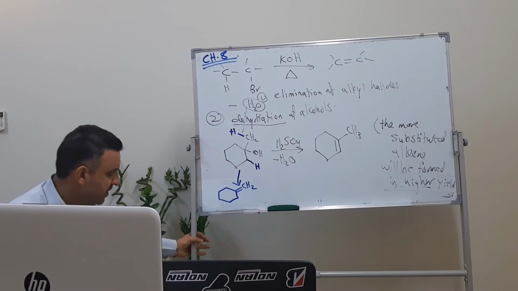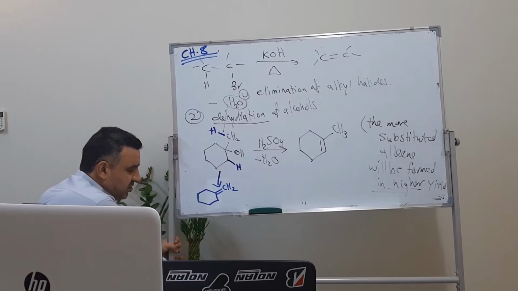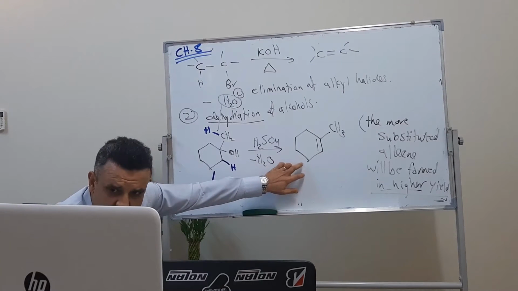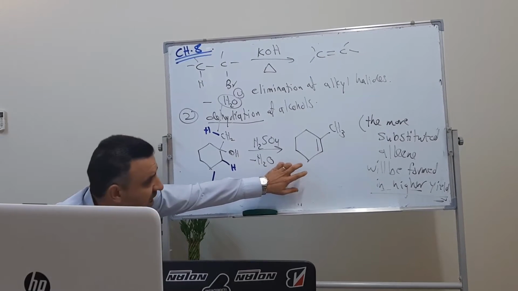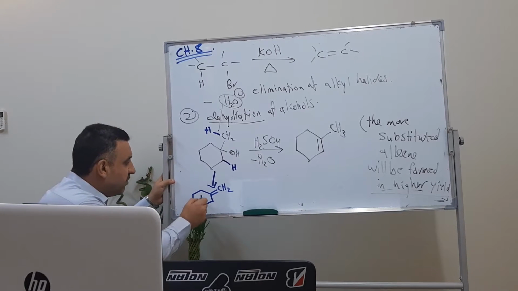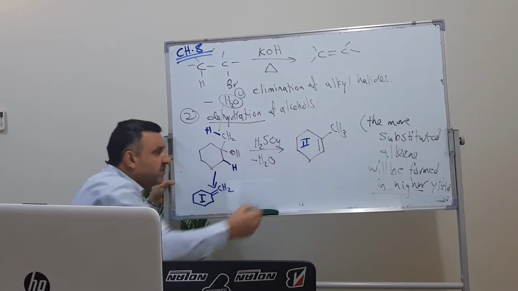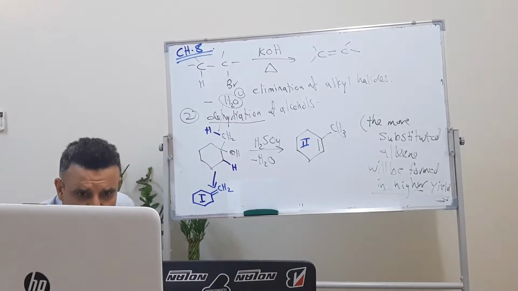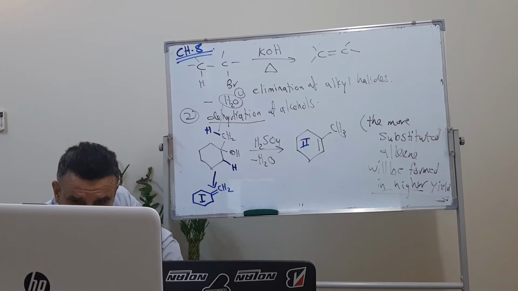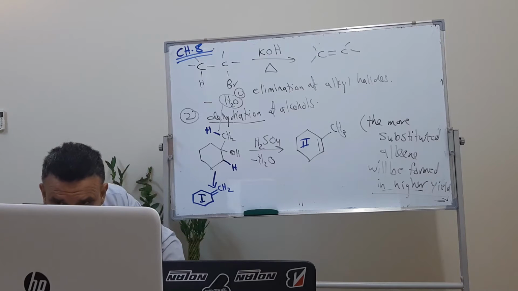As you can see here, let me explain to you the number of substitution. For this alkene, how many alkyl groups surround the carbon double bond carbon? First of all, you have two alkenes, alkene number 1 and alkene number 2. Which of the two alkenes is more substituted according to the rule, number 1 or number 2, and why, of course? I'm waiting for your response, guys.